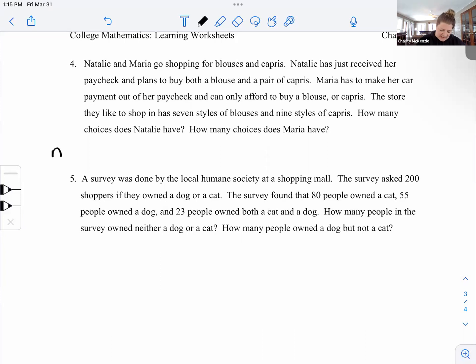She just received her paycheck and she's going to buy a blouse and a capri. What do you do with those two numbers? Times. So we had 7 blouses and 9, so 7 times 9, 56. Am I right? Sure hope so.